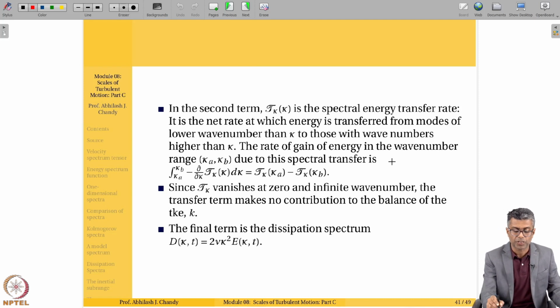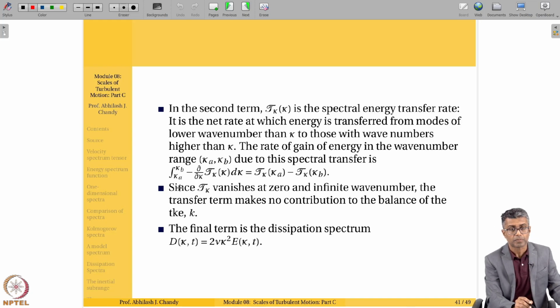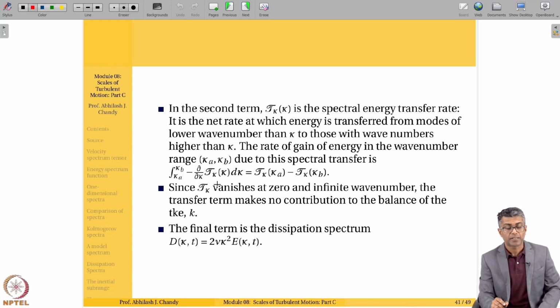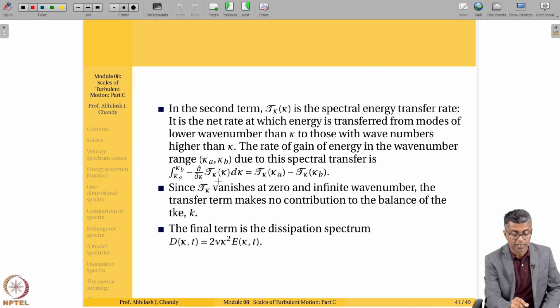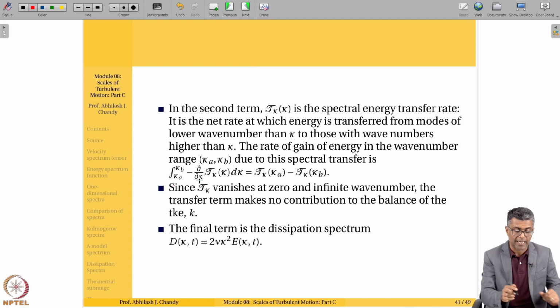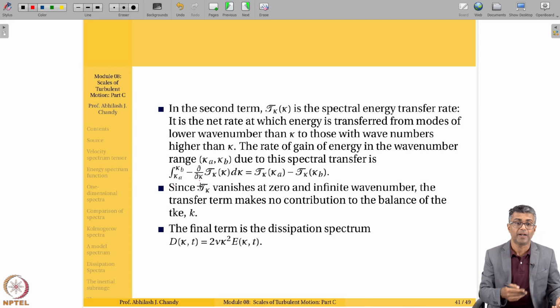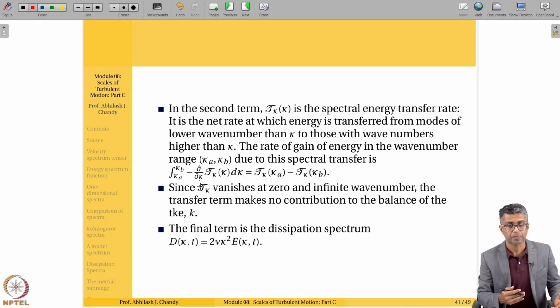The rate of gain of energy in the wave number range kappa A to kappa B due to the spectral transfer is, since this is a spectral transfer rate, what we'll be integrating is del kappa of T kappa of kappa d kappa from kappa A to kappa B. And since you are trying to find out the rate of gain of energy, that is why you're taking the derivative with respect to kappa.